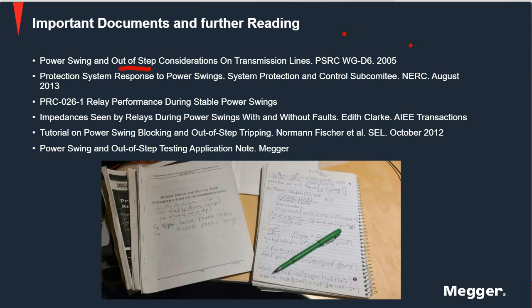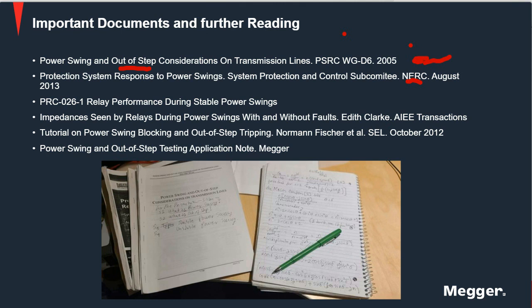Now, this NERC report, Protection System Response to Power Swings, is a fantastic source of information, because it builds on a lot of the experience that existed before it. Remember that this was created 8 years after the Power Systems Relaying Committee report.